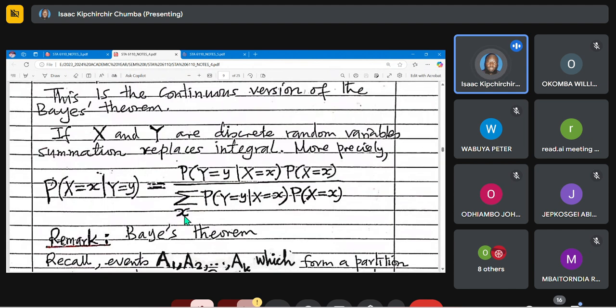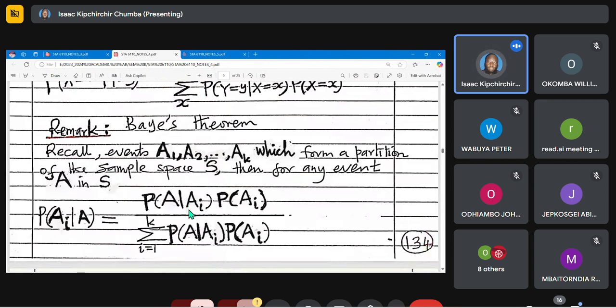So I wrote this in this fashion so that you can relate to this, and that's why I brought this remark, so that you can go back and see what we meant. The Bayes theorem which we proved via the multiplication theorem and the total probability theorem was in terms of events, where we form a partition of the sample space.